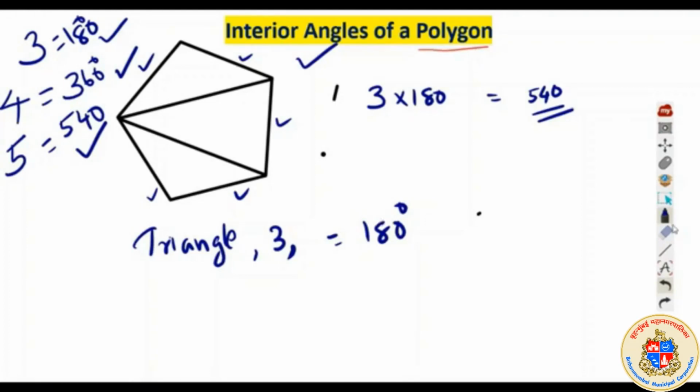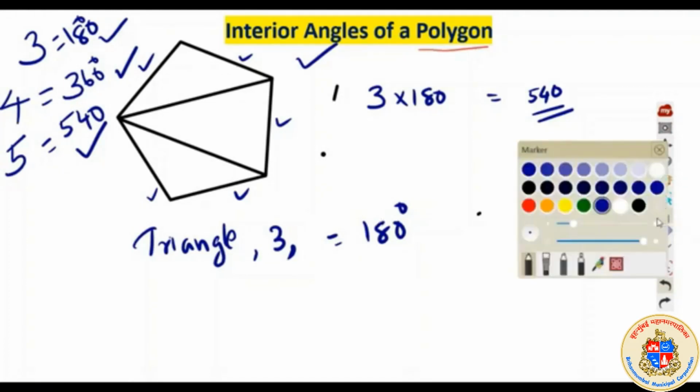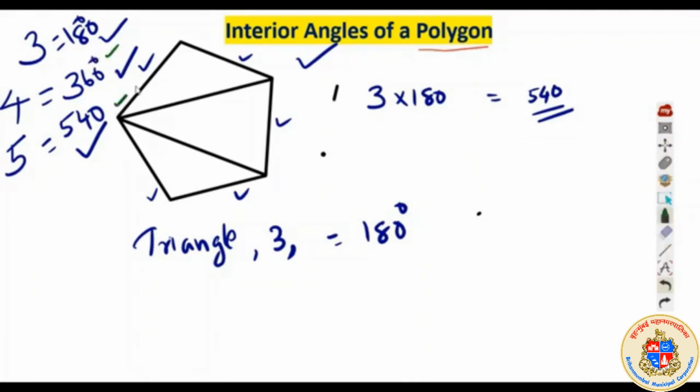Correct? The difference is 180 degrees each. That means next we got 360, next we got 540. Next again, if we add 180 to this, it will be 720.